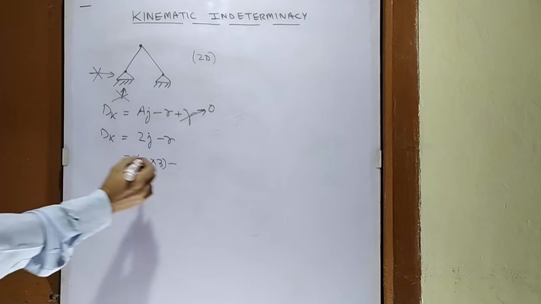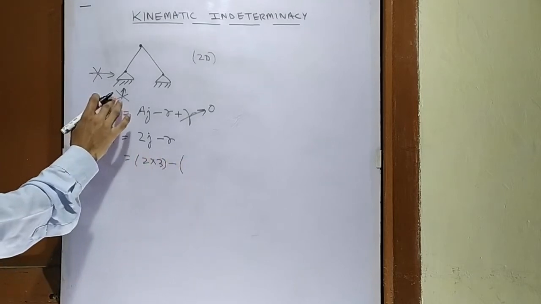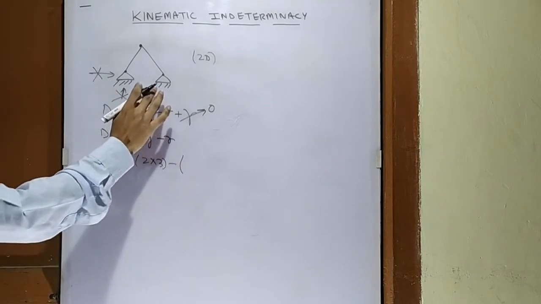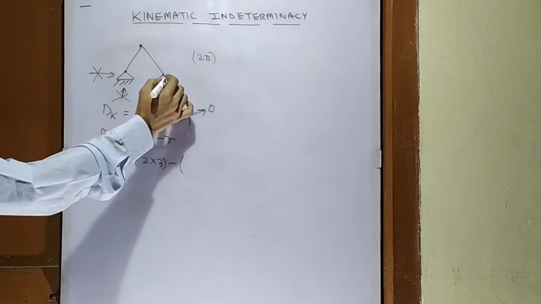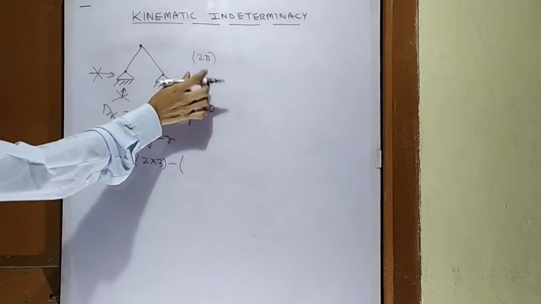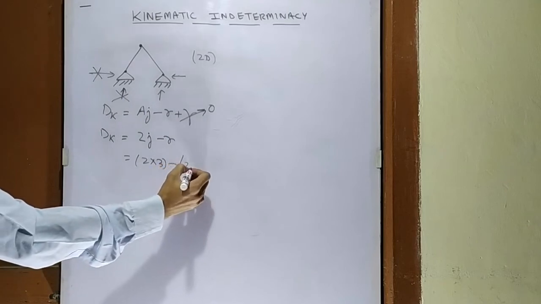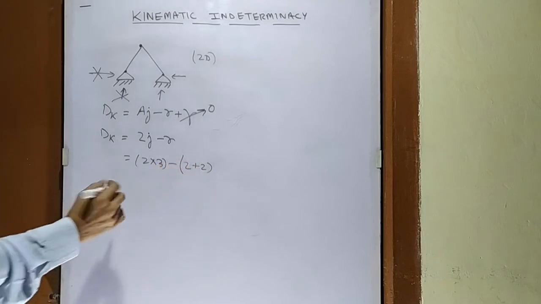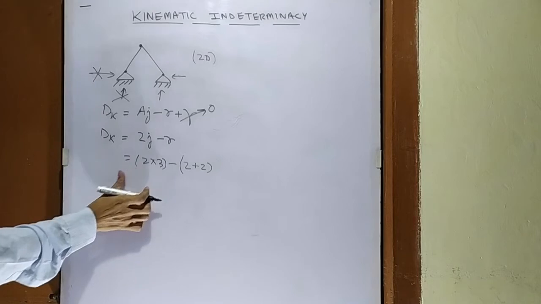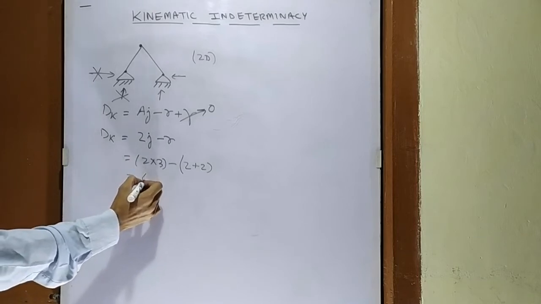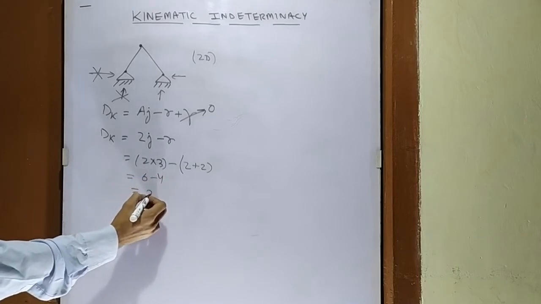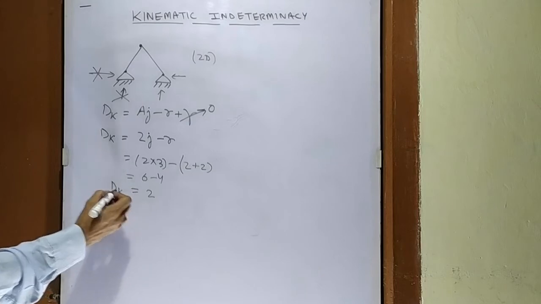So how many reactions will be there? 2 for this particular pin support, and 2 for the other, so the number of reactions will be 2 plus 2. You can find the degree of kinematic indeterminacy by 6 minus 4. This will come out to be 2.